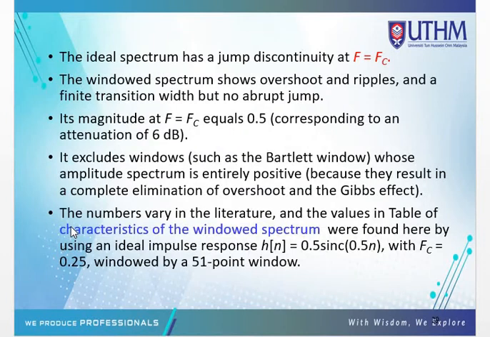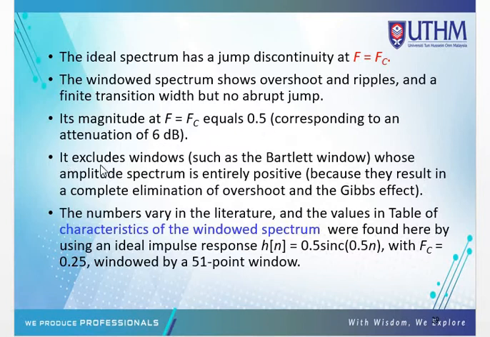The other characteristics of the window spectrum include that the ideal spectrum has a jump discontinuity at F equal to Fc. And then the window spectrum shows an overshoot and ripples and a finite transition width but no abrupt jump. Its magnitude at F equal to Fc is equal to 0.5, which is equal to minus 6 dB.